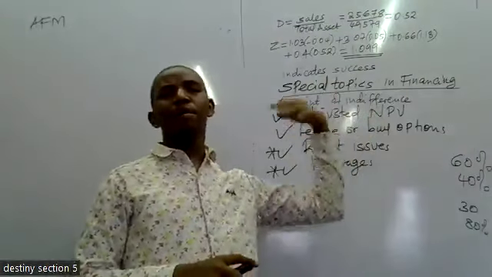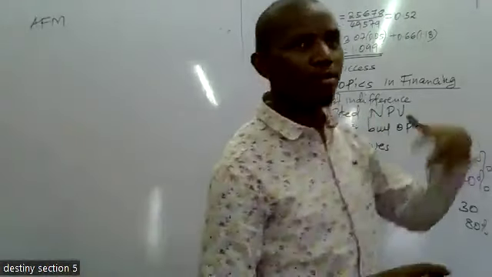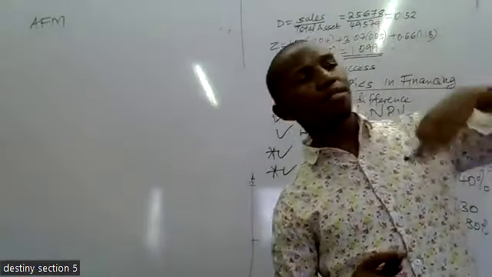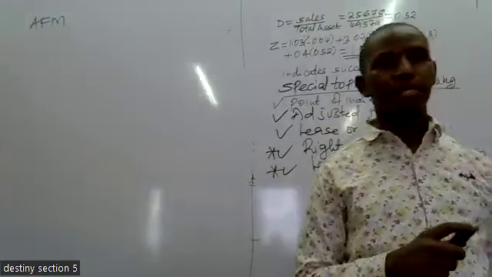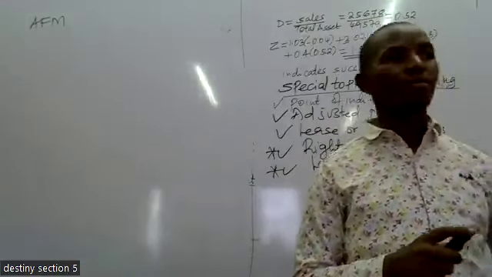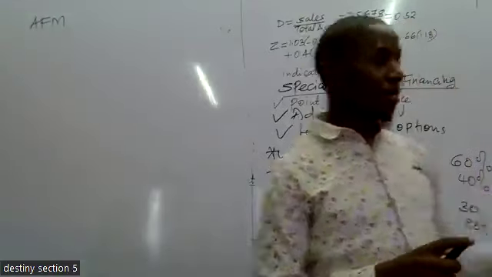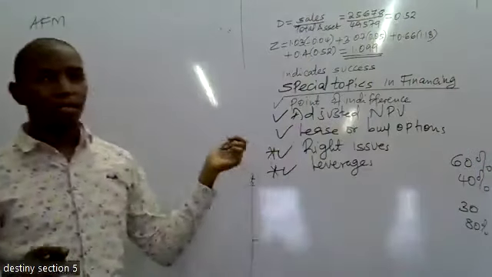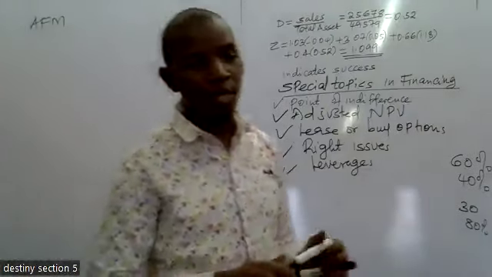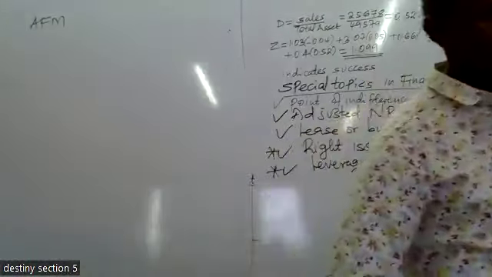This is generally when the government gives subsidies. Where the government is concerned with a given project, they can provide subsidies in production. So in that case also you can look for what we call the adjusted NPV.